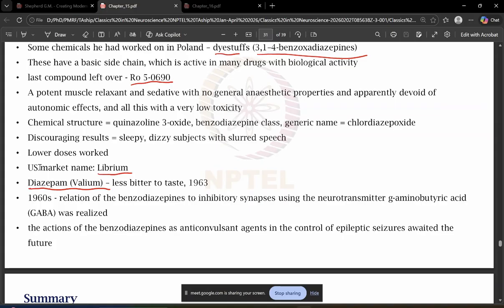Then in the US, it was marketed under the name Librium, and later, in order to reduce the bitter taste associated with Librium, the compound was tweaked, and the new compound that was released was diazepam, or Valium, which was less bitter to taste, and this was released in 1963.